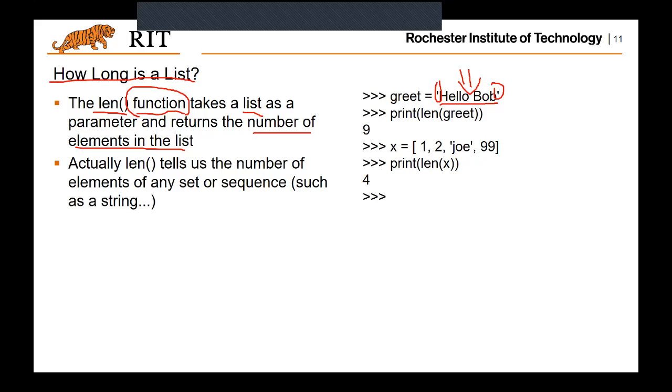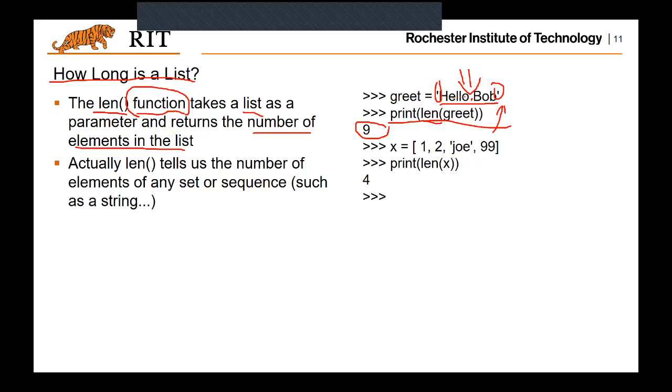If you use the len function and print it out, you will have a value 9 because there are 9 characters. Let's count it. The space is also counted as a character. 1, 2, 3, 4, 5, 6, 7, 8, 9. So in total, there are 9 characters for this one.